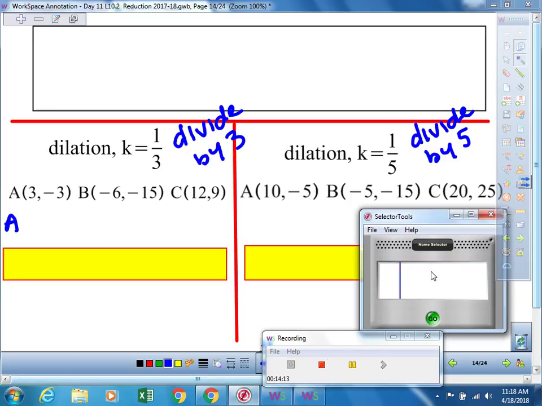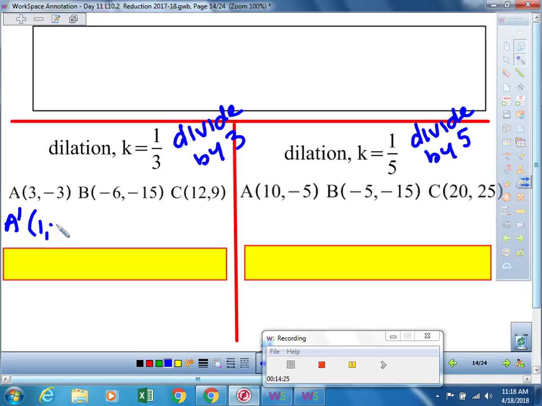Okay. Give me the ordered pairs, Anthony. A prime is 1, -1. B prime is -2, -5. And C prime is 4, 3. That is correct.